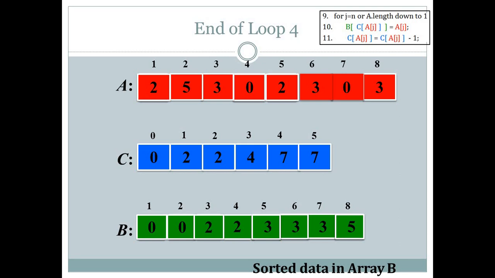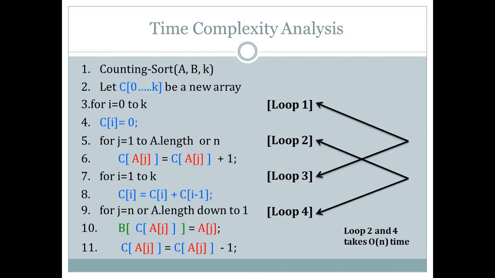Okay. So this is the execution of this algorithm. Now let's find out the time complexity of this algorithm. Here you can see that loop 2 and loop 4 have a time complexity of n. Why? Because one is going from 1 to n and the other is going from n to 1.